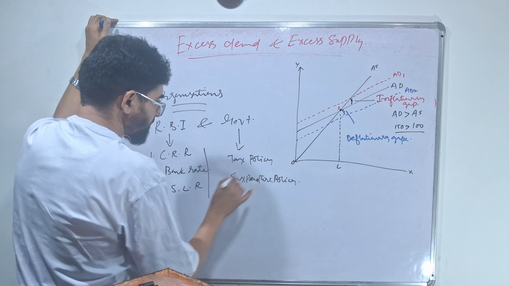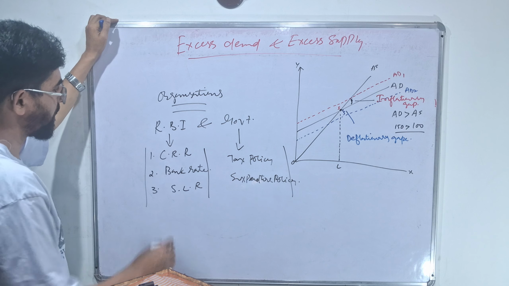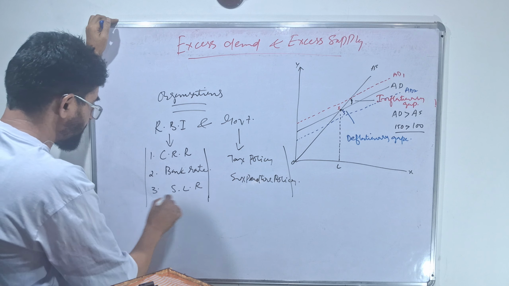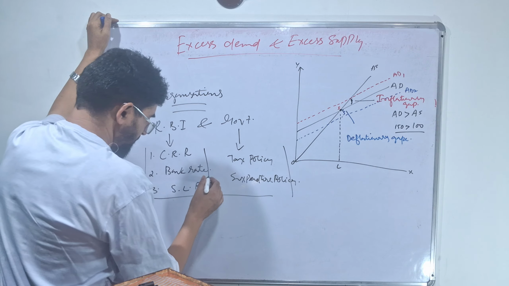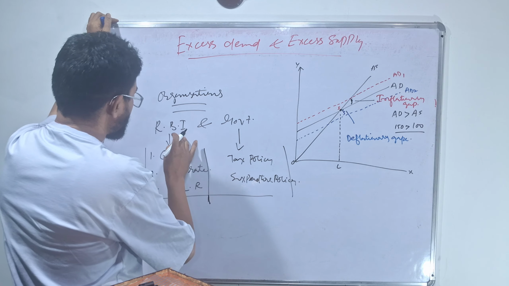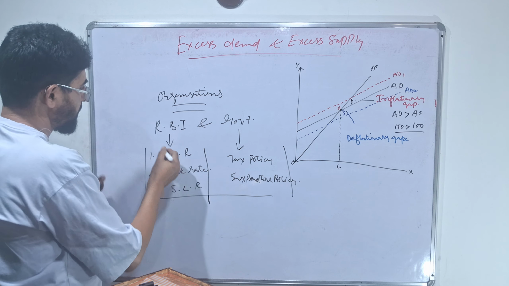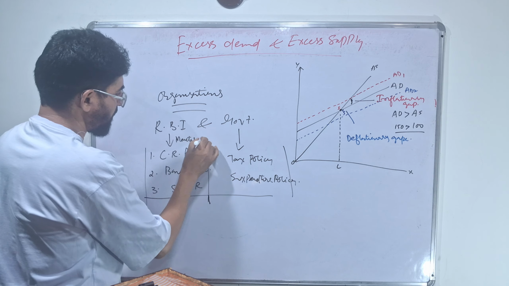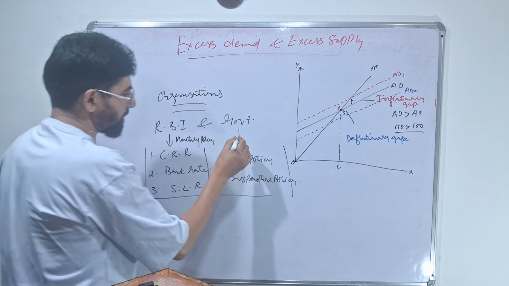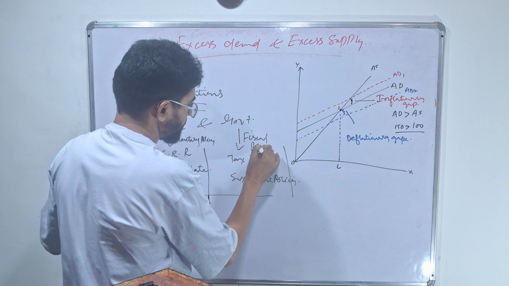I will not discuss these variables, CRR and bank rate, as I have already discussed them. You can go through my YouTube channel. I have already discussed these concepts. How RBI controls inflation or deflationary gap in an economy by way of these tools is monetary policy. These are the tools of fiscal policy.